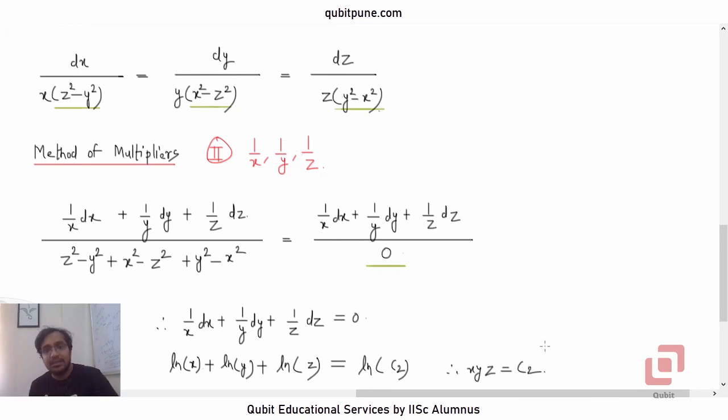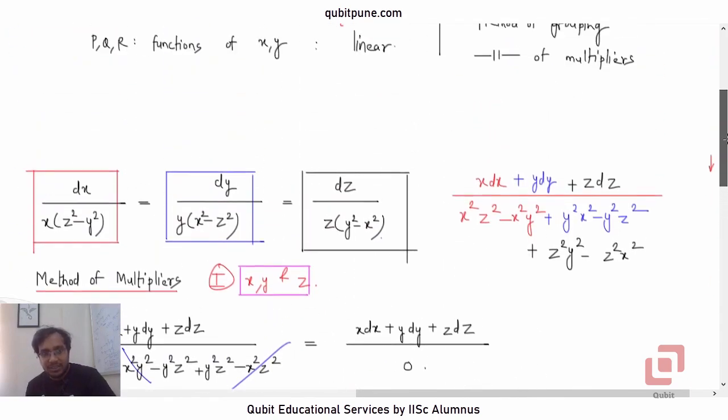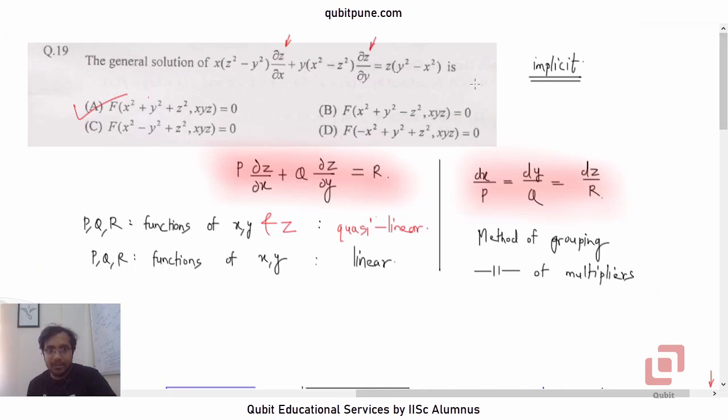So the second solution is xyz equal to c2, and because the differential equation has an implicit solution, I have to write f of some function of x squared plus y squared plus z squared and xyz equal to 0.